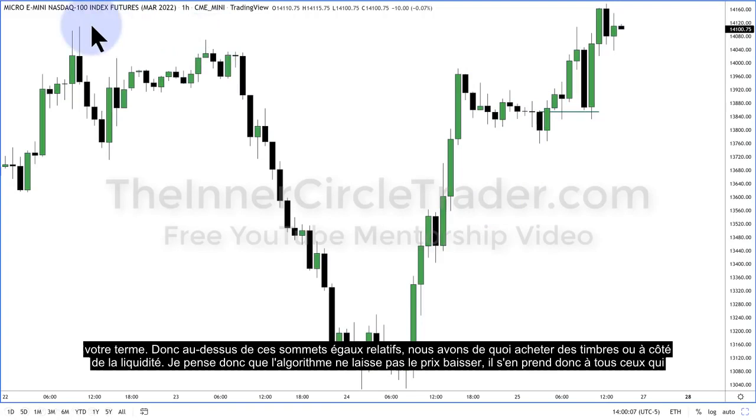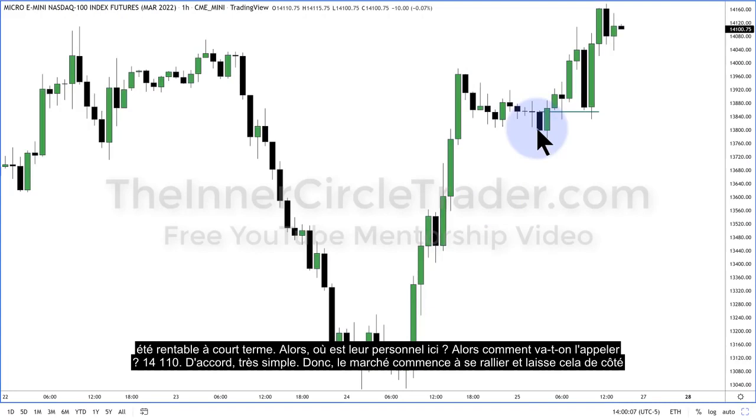Buy stops, or buy side liquidity. So I'm thinking that the algorithm is not letting price go lower. It's going after everyone that's been profitable going short. So where are their stops? They're over here. We're just going to call it 14,110. Okay, real simple.